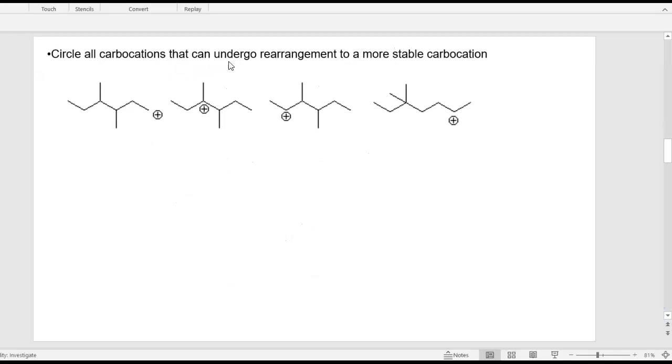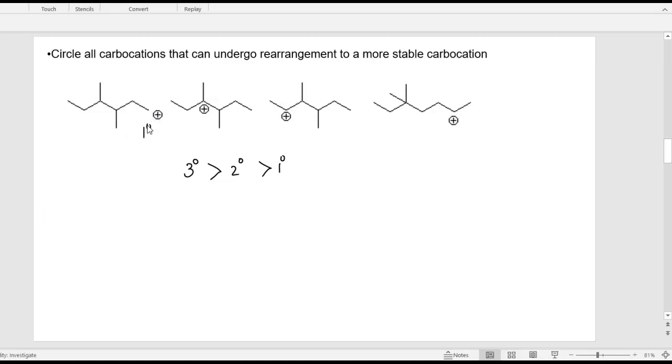Circle all carbocations that can undergo rearrangement to form a more stable carbocation. For this, you have to remember that a tertiary carbocation is more stable than a secondary carbocation, which is more stable than a primary carbocation. Now this one is actually a primary carbocation, but can it rearrange itself?